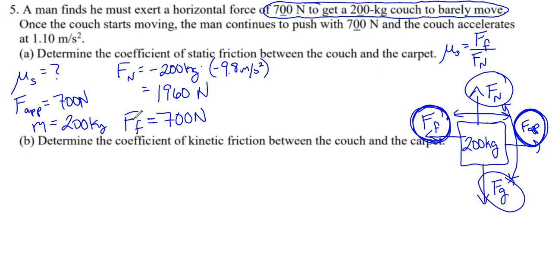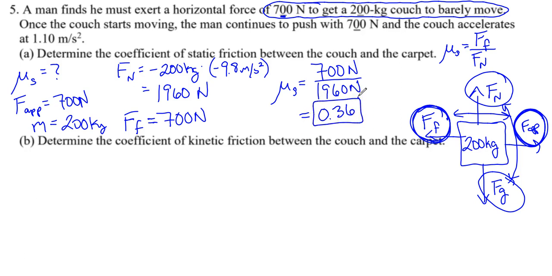Therefore the coefficient of static friction is equal to our force of friction, 700 newtons, divided by our normal force, 1,960 newtons. So we get a coefficient of static friction of 0.357, or based on our significant figures, 0.36. Okay, so that takes care of part A.